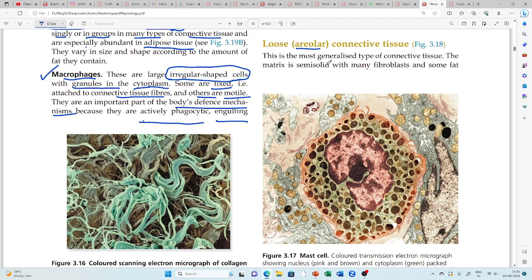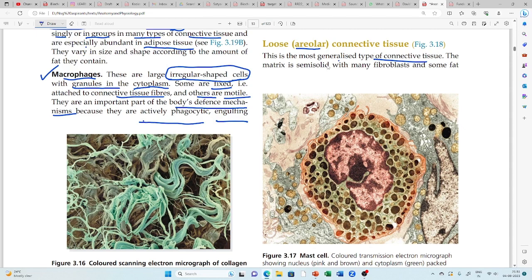There is enough space between cells, that's why it becomes loose connective tissue. Loose means very soft. This is the most generalized type of connective tissue.